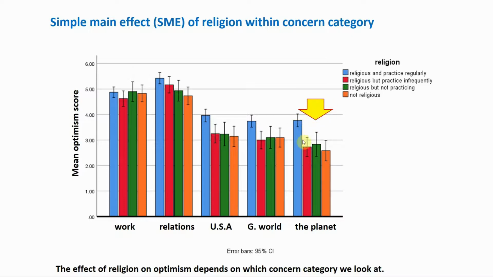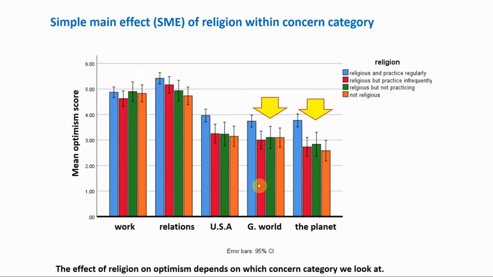We see a particular pattern, right? We see that religious and practicing frequently is so much higher than the others. Well, if we were to then compare the pattern for the next group, we started with the planet. We see a particular pattern.